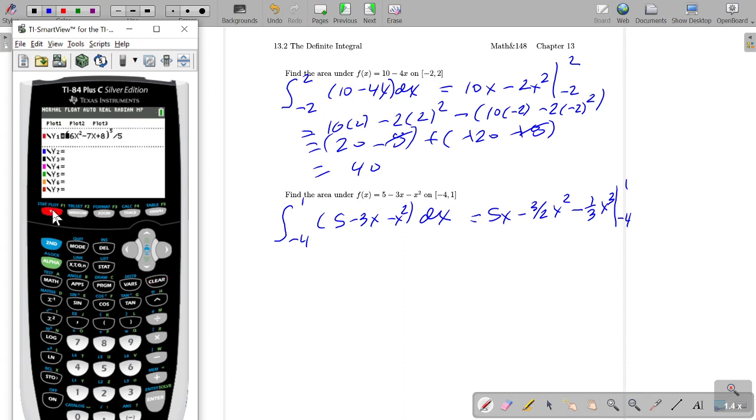So that is going to be 5x minus 3/2 x squared minus 1/3 x cubed.